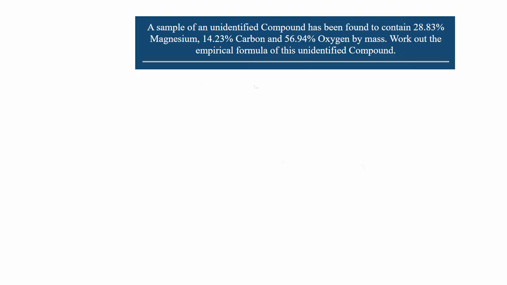The first thing I'm going to do is a quick check to find out what these percentages add up to. So I'm going to add them together: 28.83 plus 14.23 plus 56.94.